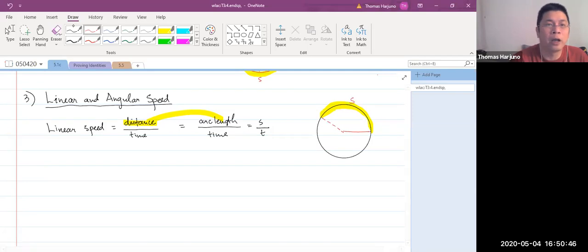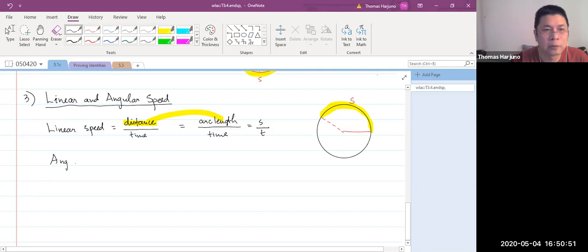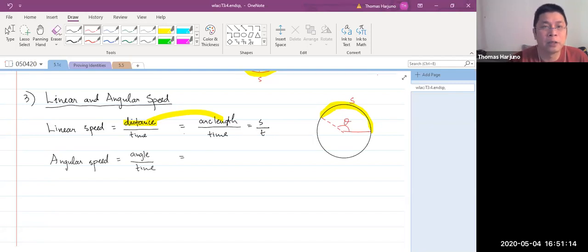While angular velocity or angular speed is the angle traveled divided by the time. In this picture here, it will be theta, the angle divided by the time.